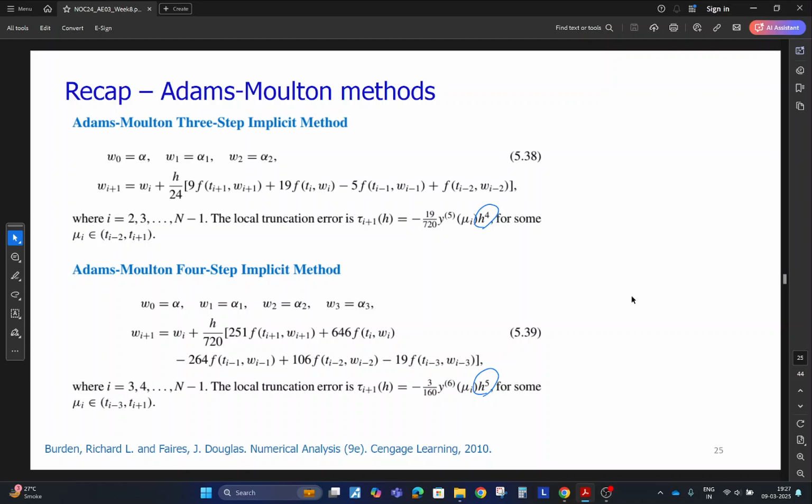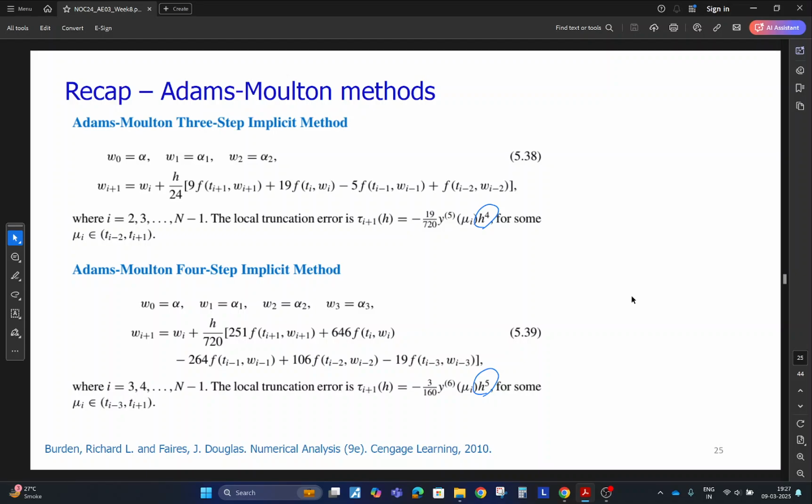In such a case, the value of the unknown variable W at the current iterative step, W_{i+1}, will be given as W_i plus h by 720 times 251 times f at t_{i+1}, W_{i+1}, plus 646 times the value of the function evaluated at t_i, W_i, minus 264 times the value of the function evaluated at t_{i-1}, W_{i-1}, plus 106 times the value of the function evaluated at t_{i-2}, W_{i-2}, minus 19 times the value of the function evaluated at t_{i-3}, W_{i-3}.